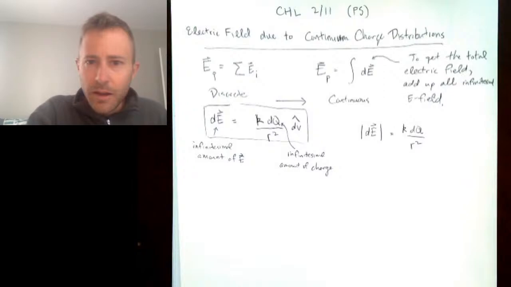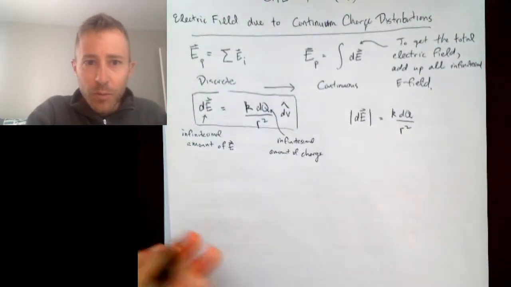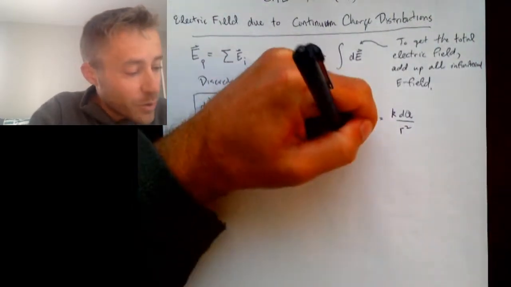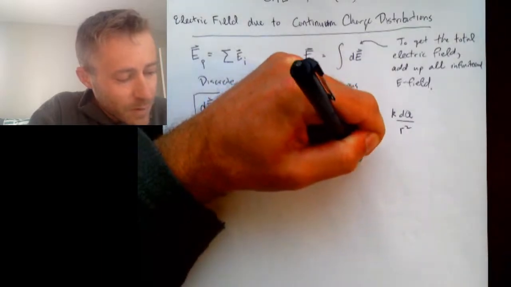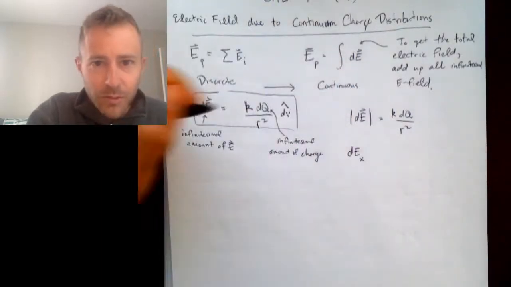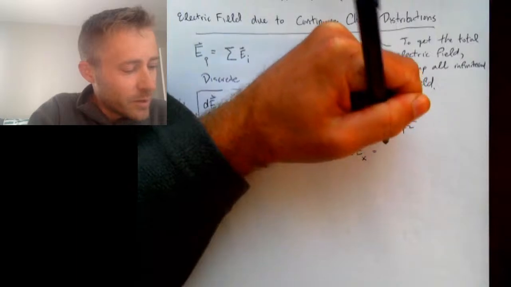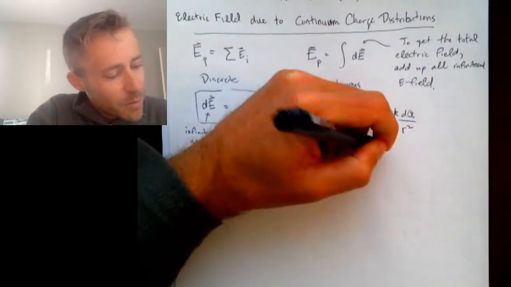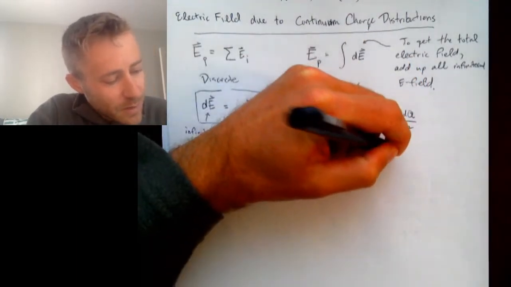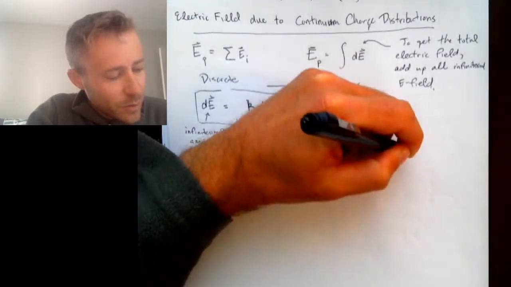And sometimes we might want the x component of the infinitesimal electric field, which is just the magnitude times cosine of theta.